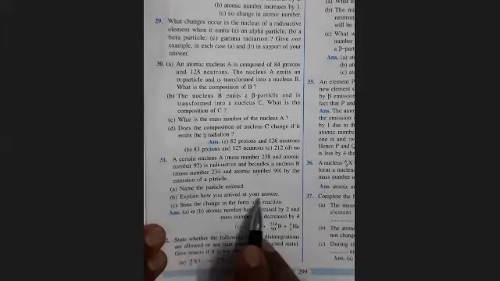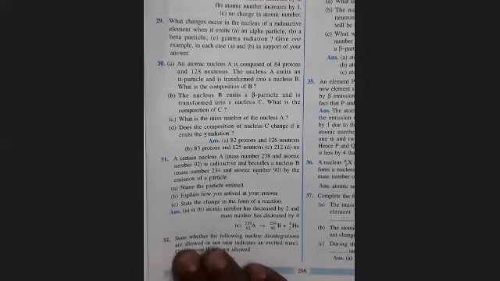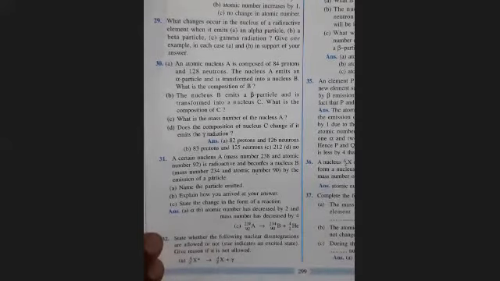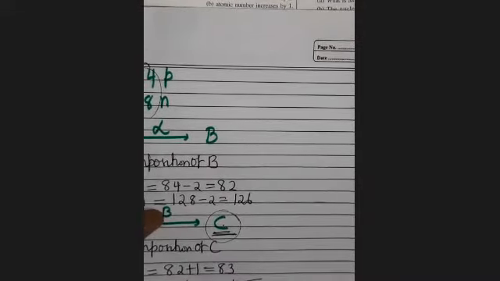Explain how you arrived at your answer. So here you will write, as atomic number decreases by 2 and mass number decreases by 4. It's clear? State the change in the form of reaction. So already I explained here. You can see here how you will write it in the form of an equation.